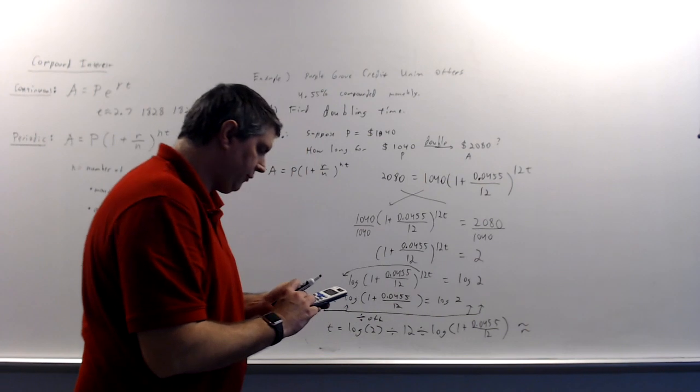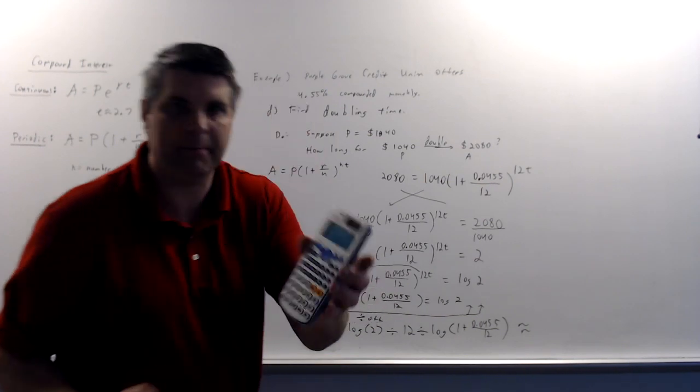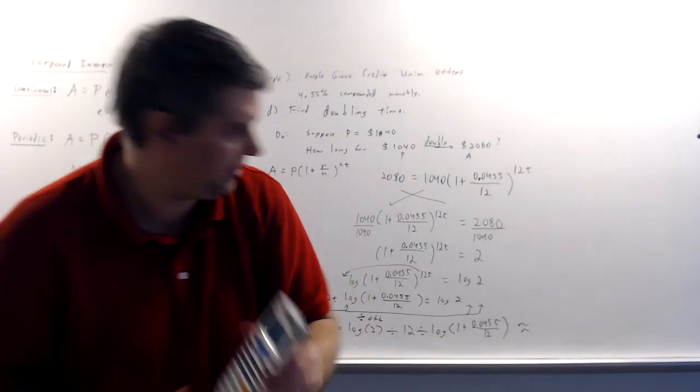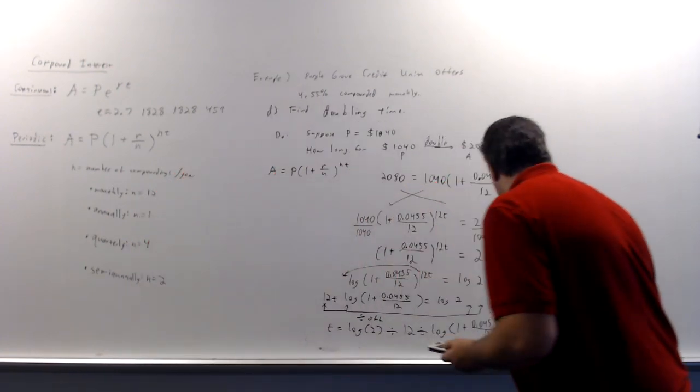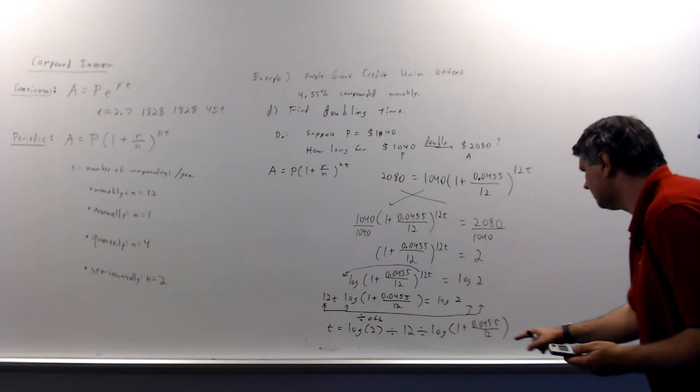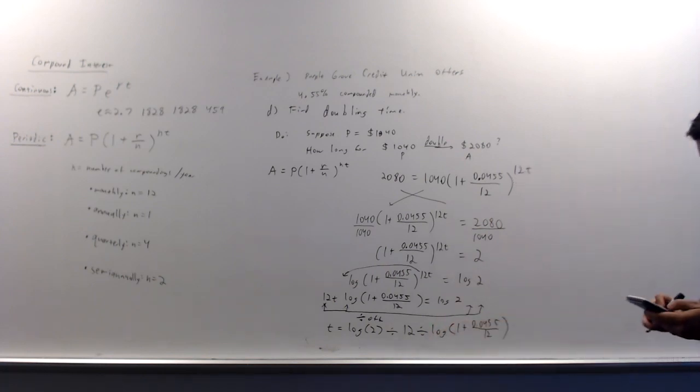Divide by 12. Now I'm looking at 0.0258 something. Divided by common log.